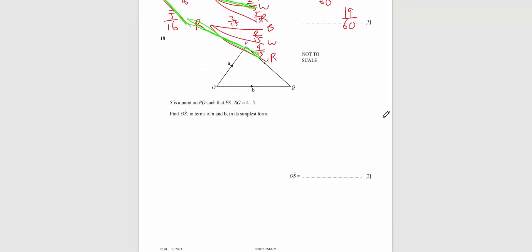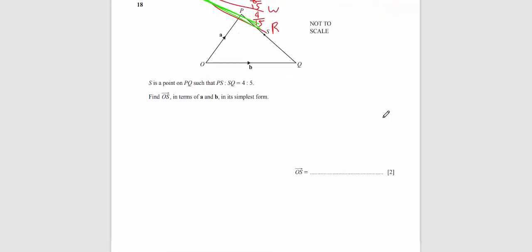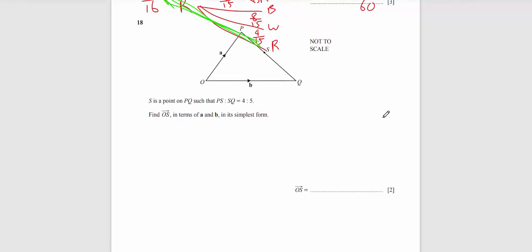Okay, let's look at number 18. We have a triangle. S is the point on PQ such that the ratio PS to SQ is 4 to 5. Find OS in terms of A and B. So for us to be able to find OS, we need to know PQ.